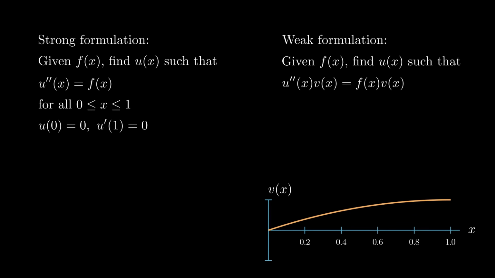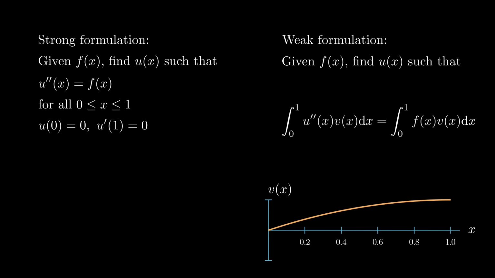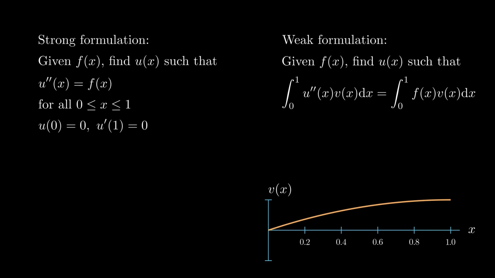This is a valid mathematical operation because we apply the same manipulations on both sides of the differential equation. If u double prime is equal to f, then also u double prime times v must be equal to f times v. Afterwards, we integrate both sides of the differential equation over our region of interest, that is from x equals 0 to x equals 1.